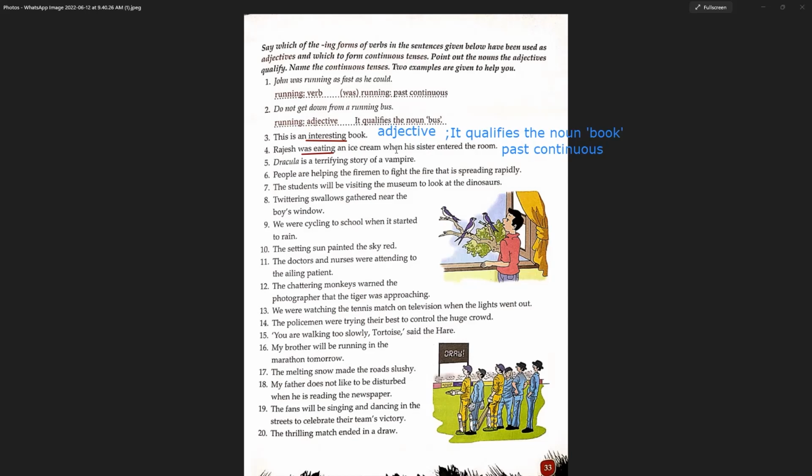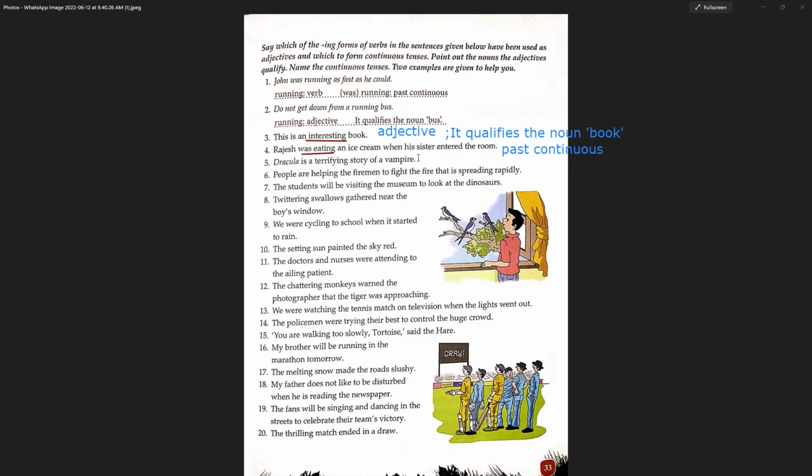Okay, who will take the chance for Dracula? Vinuka, please. Okay, teacher. Dracula is a terrifying story of a vampire.